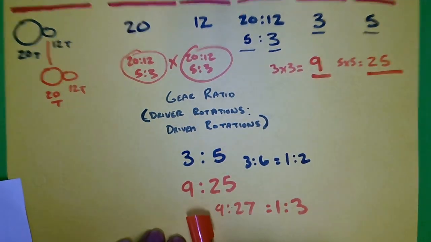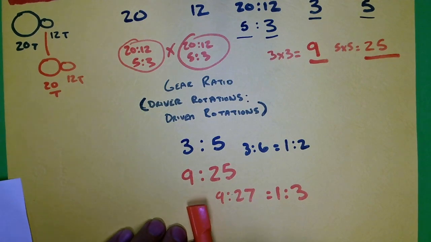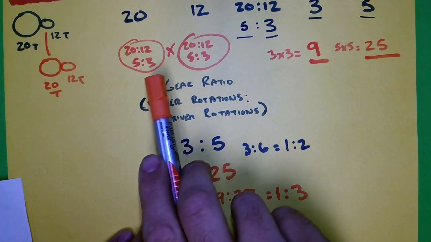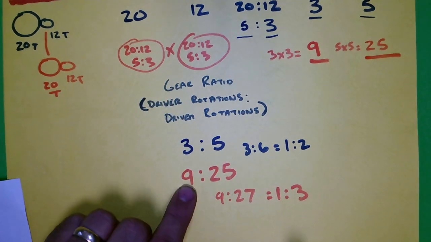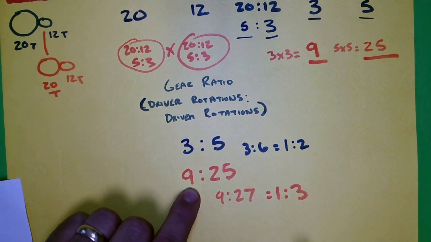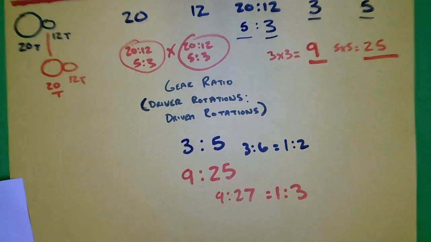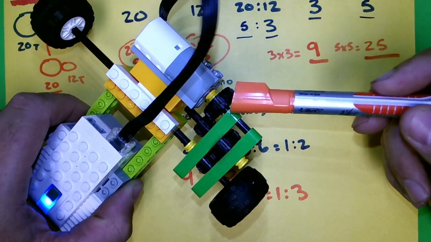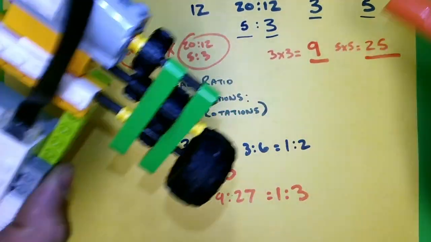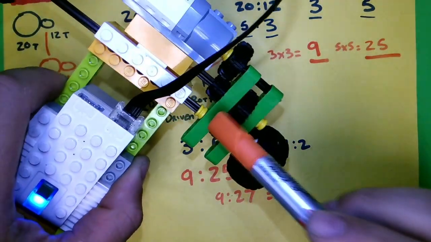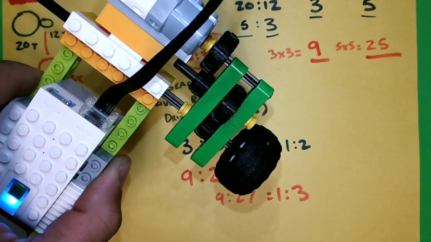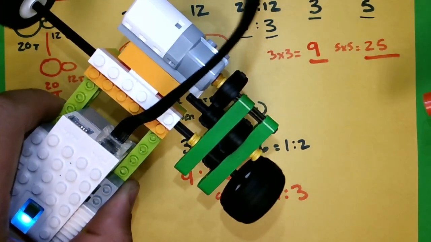But when we use this new gear multiplier, when we use our gear system so that we have 2 outputs, we have 9 for our output. For every 9 revolutions of our main output, we end up with 25 at the end. This last one is spinning 25 times for every 9 times that spins.